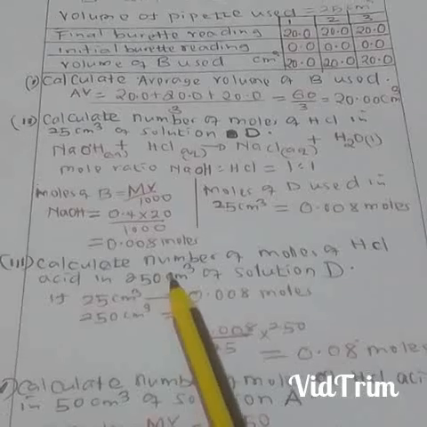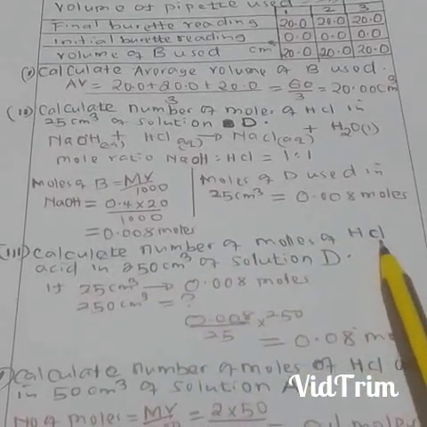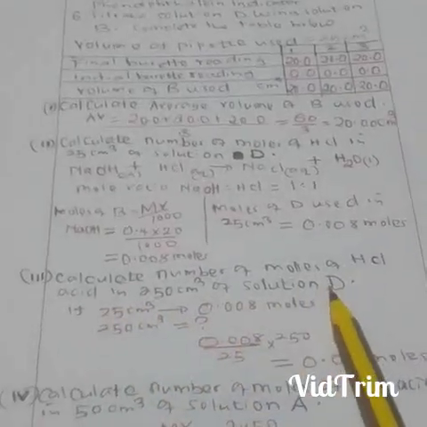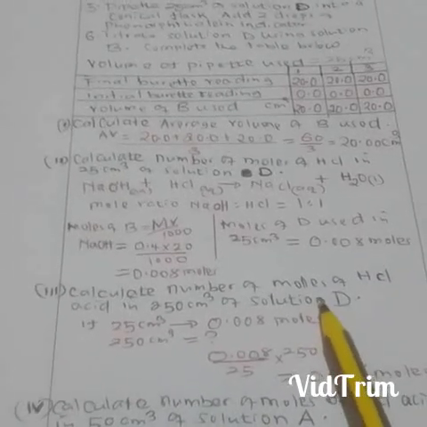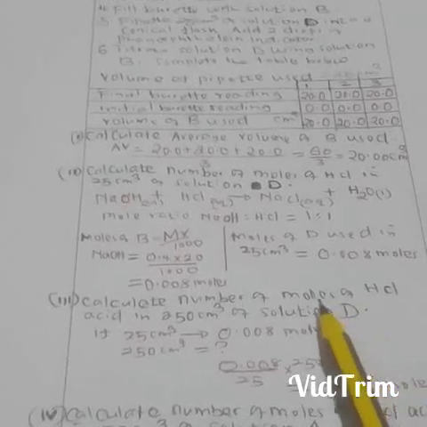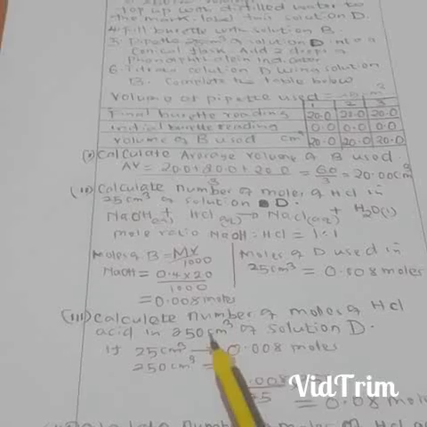Roman 3. Calculate the number of moles of hydrochloric acid in 250 of solution D. Remember, solution D was formed after diluting from 50 to 250, and we have only pipetted 25 out of that 250.